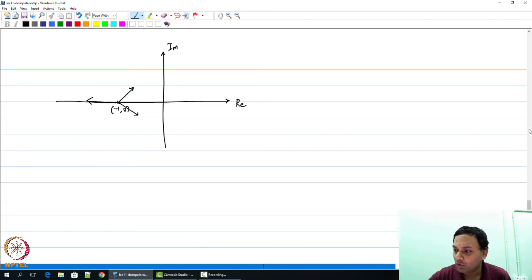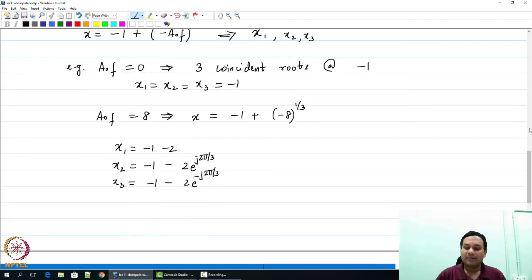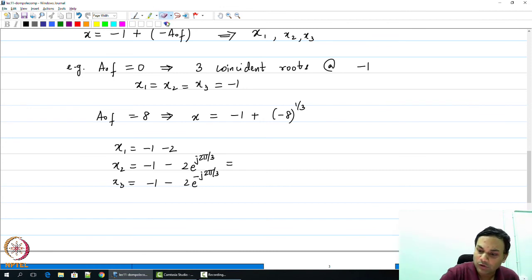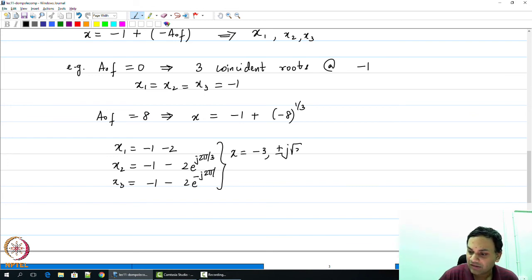Now let us calculate the value of the poles at minus 2 at a naught f equal to 8. If you look at this particular value, minus 1 minus j 2 pi by 3, so this gives you a value of x1 equals minus 3, x2 equals, in fact, so this gives you 3 values, x equals minus 3 and plus or minus j root 3.